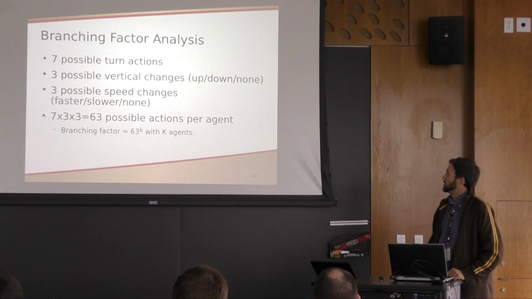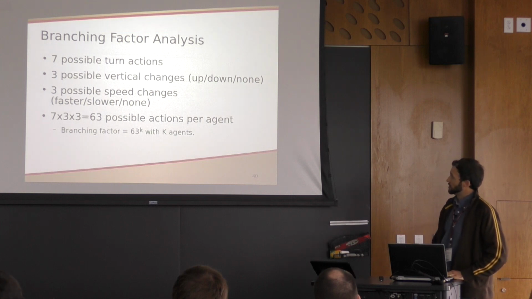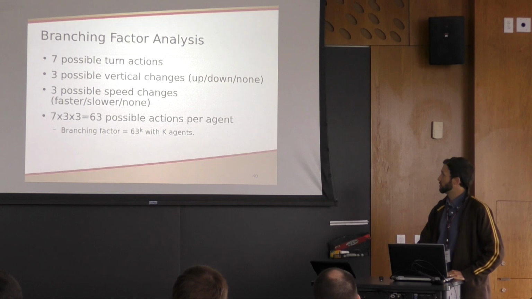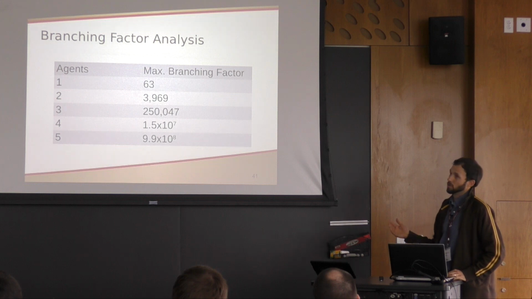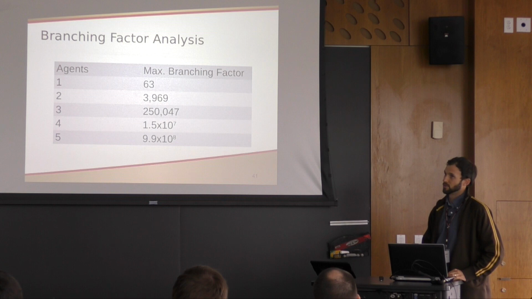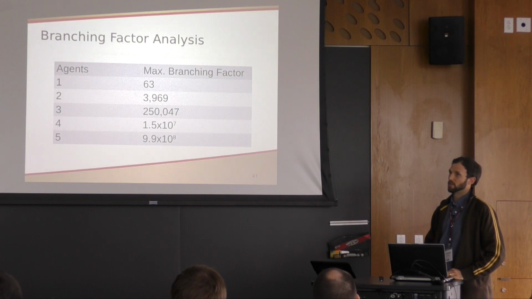And looking at the branching factor, for a single agent, the branching factor is 63, and it's exponential in the number of agents. And just for reference, even with 2 agents, the branching factor is around 4,000, which makes using something like A star for our meta agent solver practically infeasible.